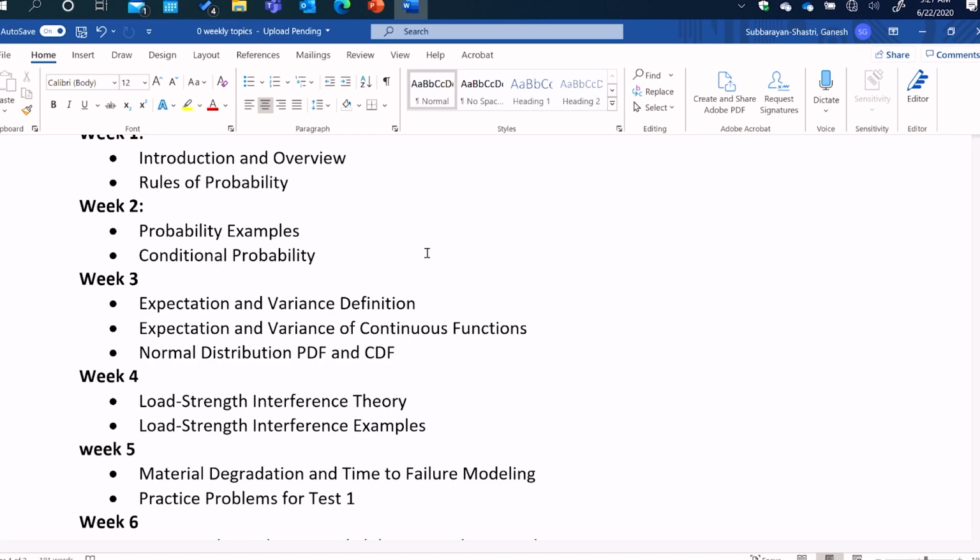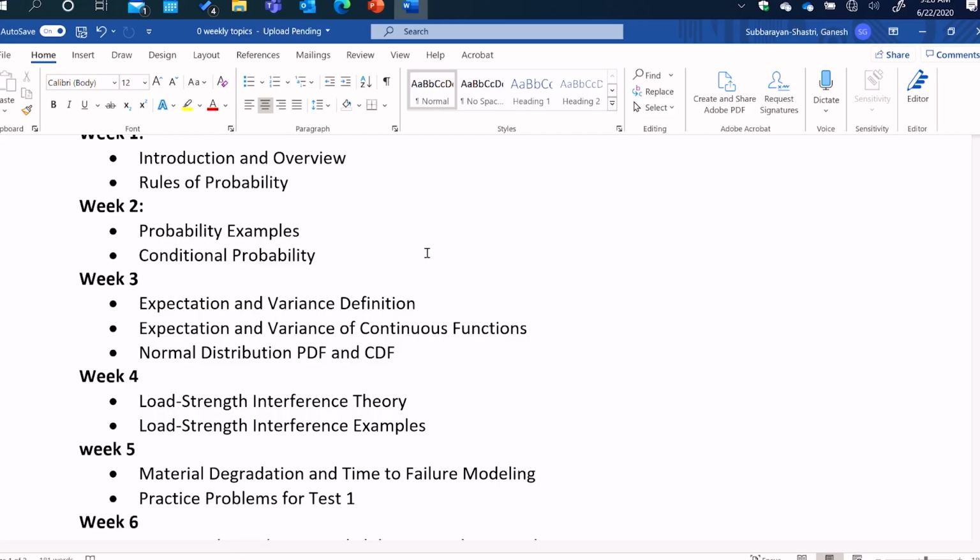So we need to understand expectation, which is a measure of central tendency, a measure of where you would expect on most occasions a particular parameter or function to be, and variance, which is a measure of how that value is dispersed or spread. So we would learn how to characterize expectation and variance of not just individual random variables, but also of continuous functions of random variables.